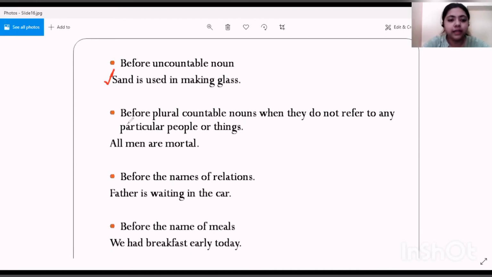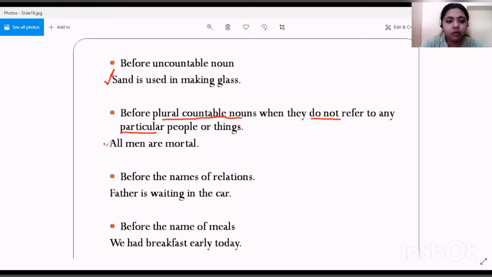Then before plural countable nouns, when they do not refer to any particular people or things. This is the important point: when plural countable nouns do not refer to any particular people or things, we do not use any article before them.